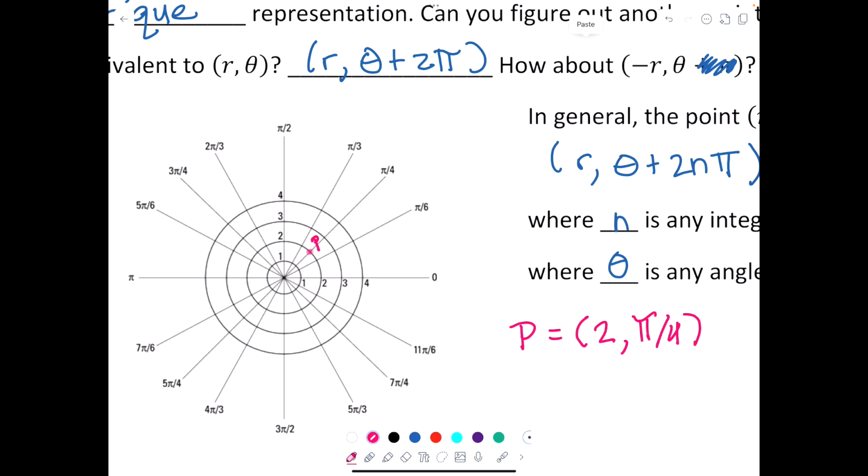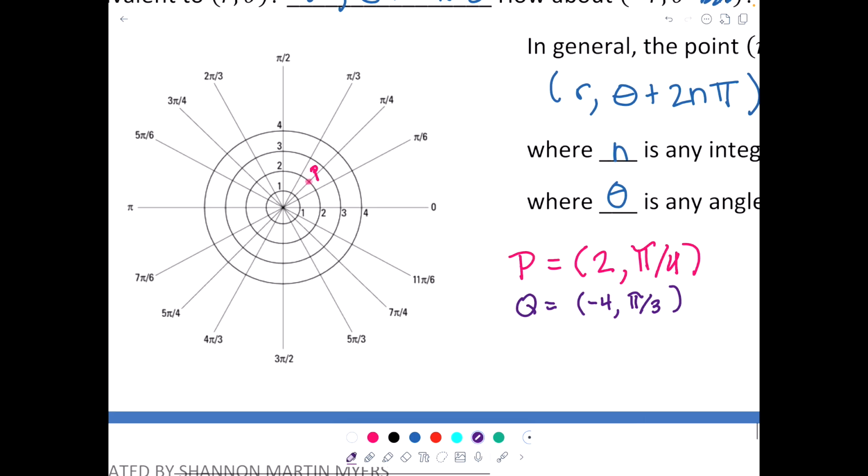And then if we had some point Q, we'll do this one as a negative. Let's say point Q was (negative 4, pi over 3). What we would do is recognize that Q would equal (positive 4, pi over 3 plus pi), which would give us Q equals (4, 4 pi over 3).